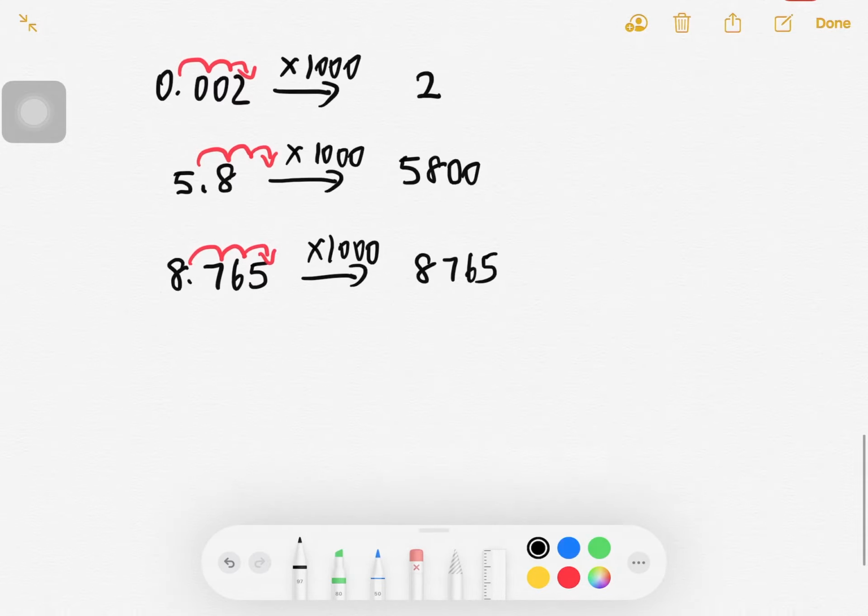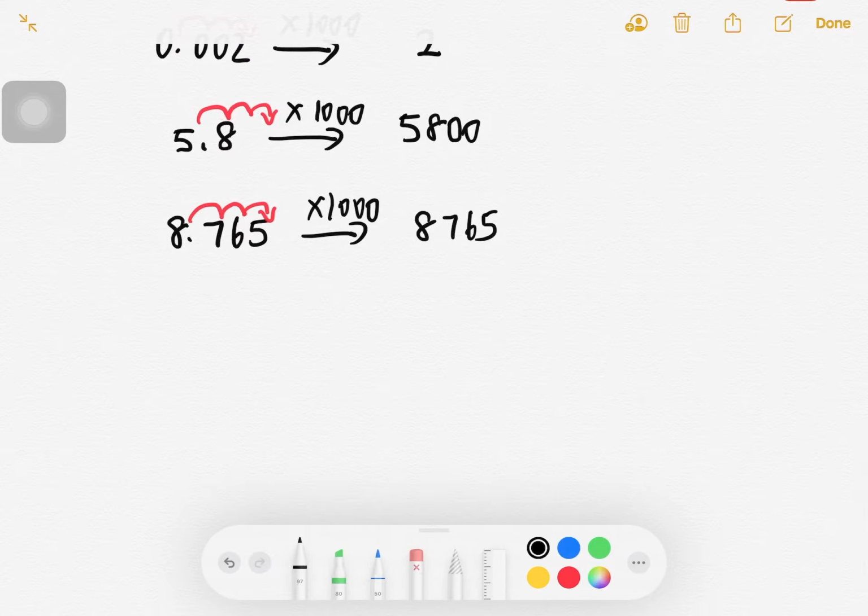Okay, so let's consolidate everything. So what happens when I multiply a decimal by 10, by 100, and by 1,000? Let me show you an example. So let's say I have 62.14.